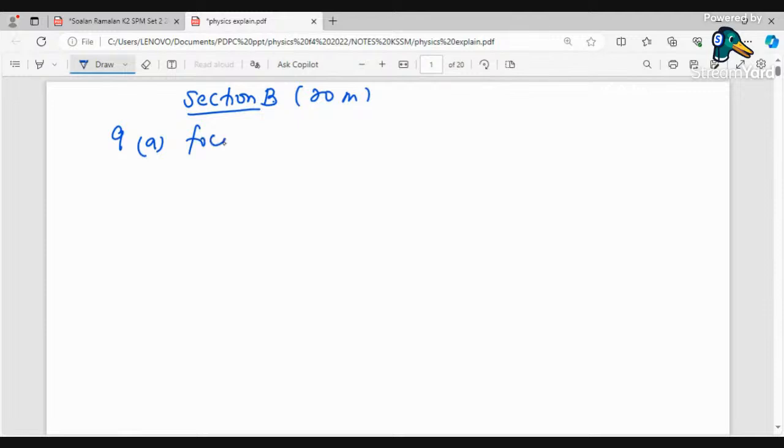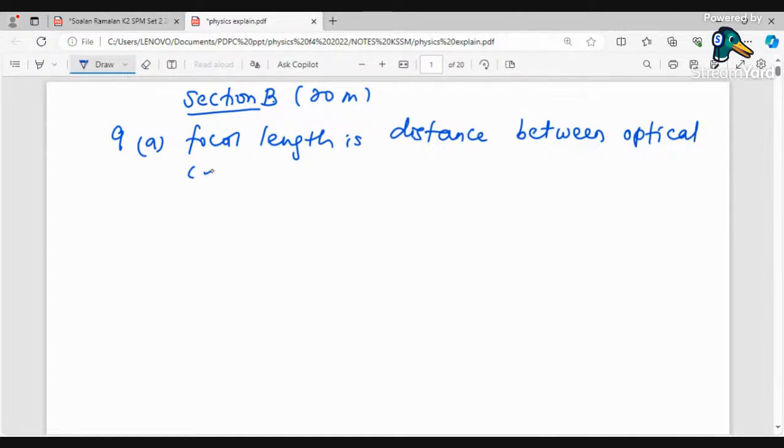Focal length. Distance between center atau optical center pun boleh, and focal point of the lens.